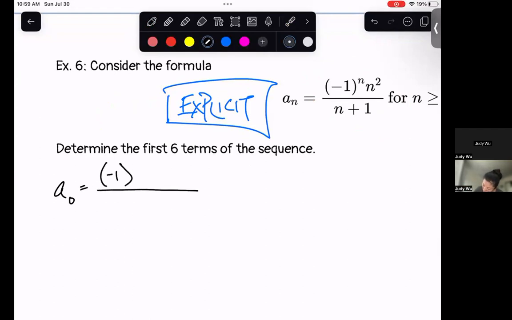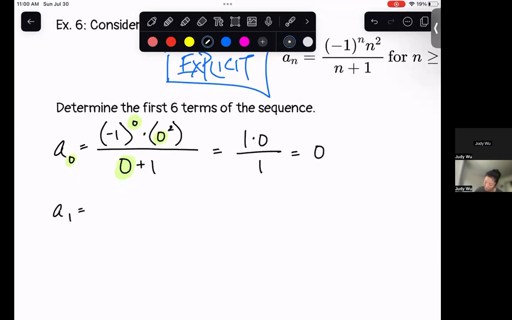So -1 to the 0, times 0 squared, over 0 plus 1. So n's get replaced by zeros. We're very careful with our computation here. We get -1 to the 0, which is 1, times 0 over 1. 1 times 0 is 0. 0 divided by 1 is 0.